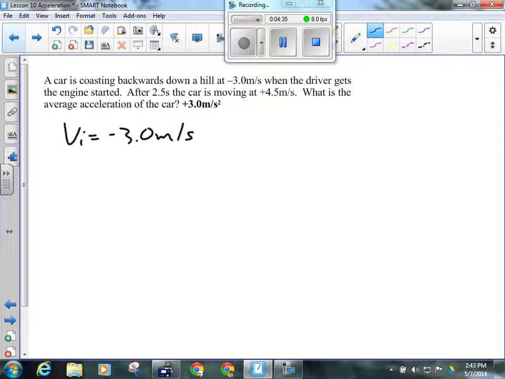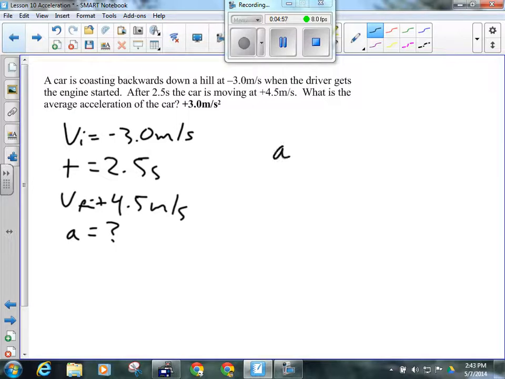The driver gets the engine started, and after 2.5 seconds, the car is moving at positive 4.5 meters per second. What's the average acceleration of the car? If I'm looking for acceleration, do I have to manipulate the formula at all? No, it's already set up. As long as I get the positives and negatives right, I should be okay.